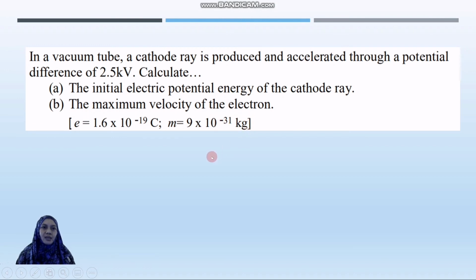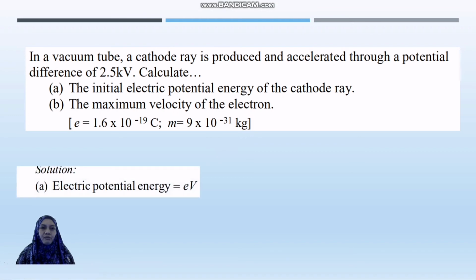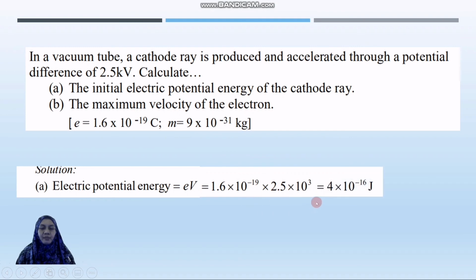So how to find the initial electrical potential energy, which means we are finding eV. So e is given 1.6 times 10 to the power of negative 19, and V is given as 2.5 kilovolt. So the electrical potential energy is 4 times 10 to the power of negative 16 joule.